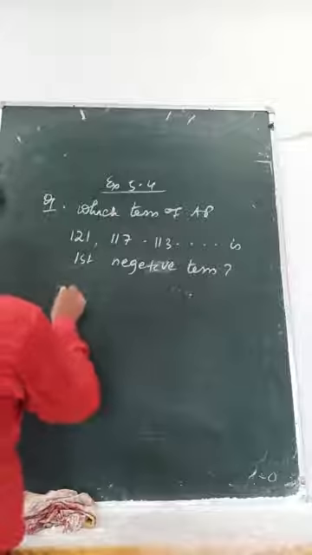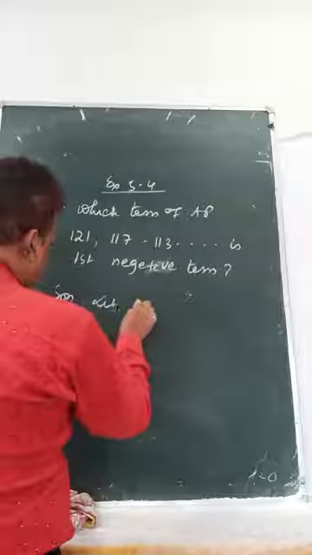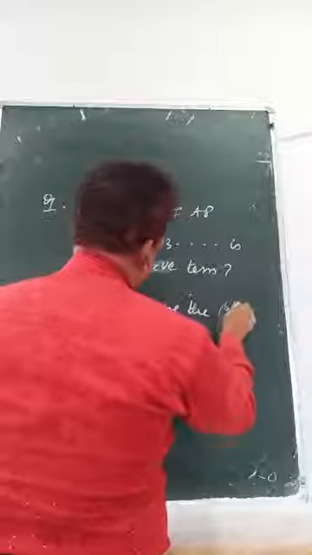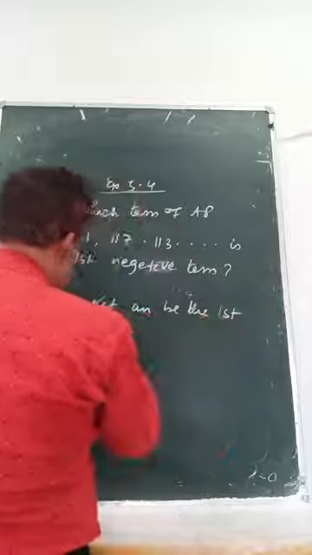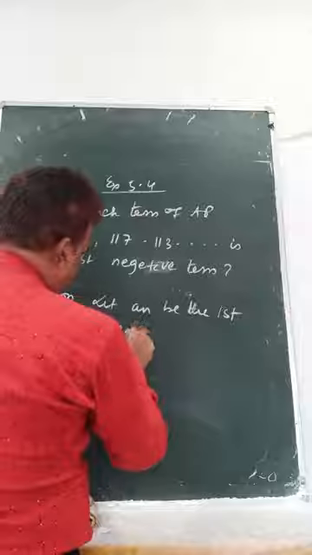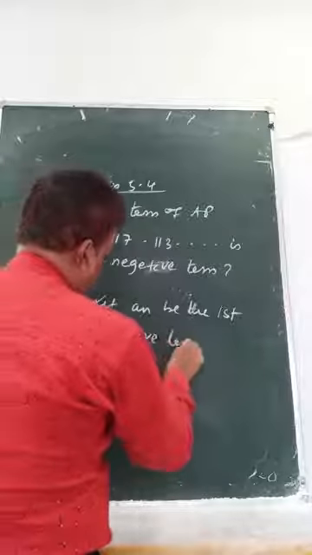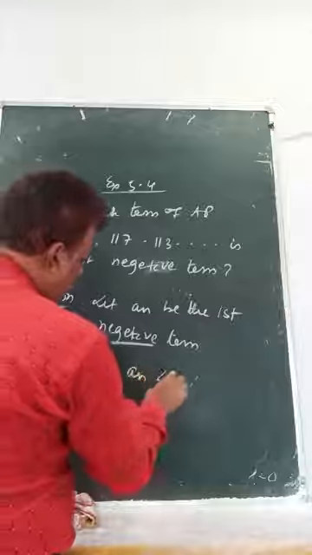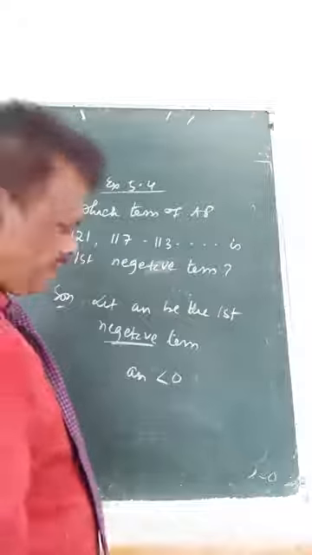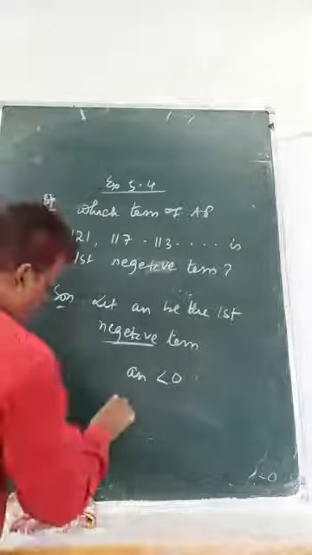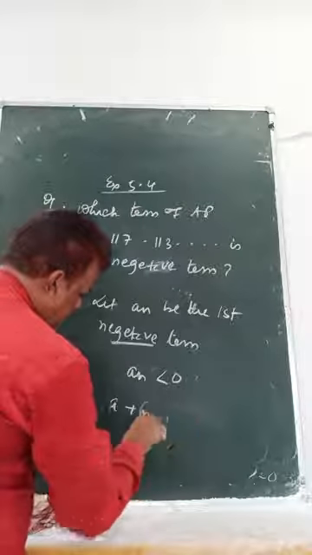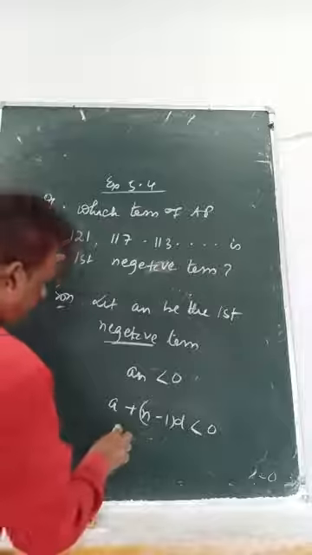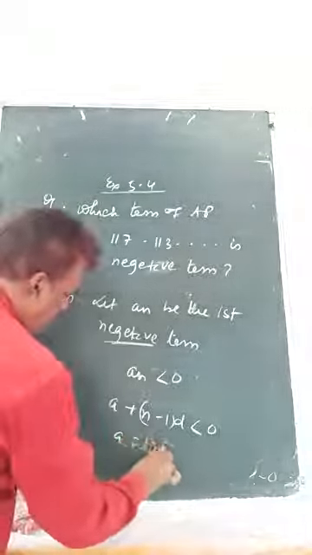You write here, let An be the first negative term. So negative means An is less than 0. So the formula for An, a plus n minus 1 into d, is less than 0. So find out what a is: 121.